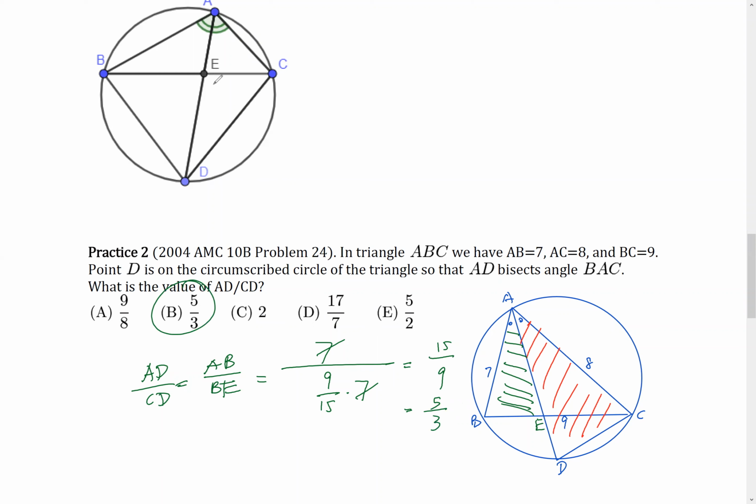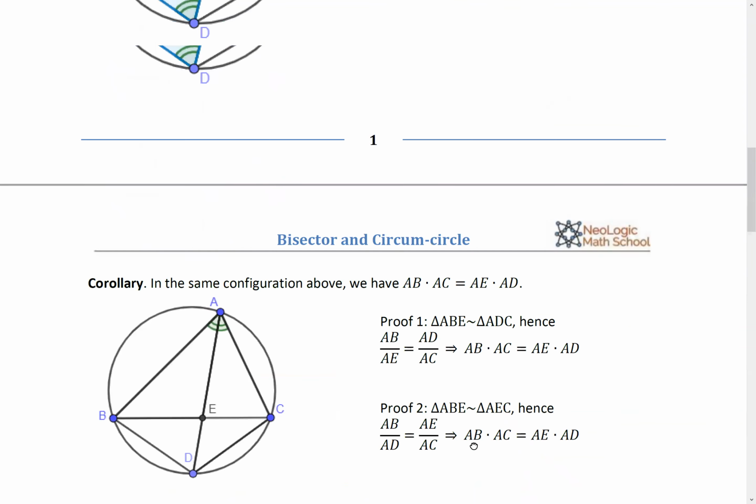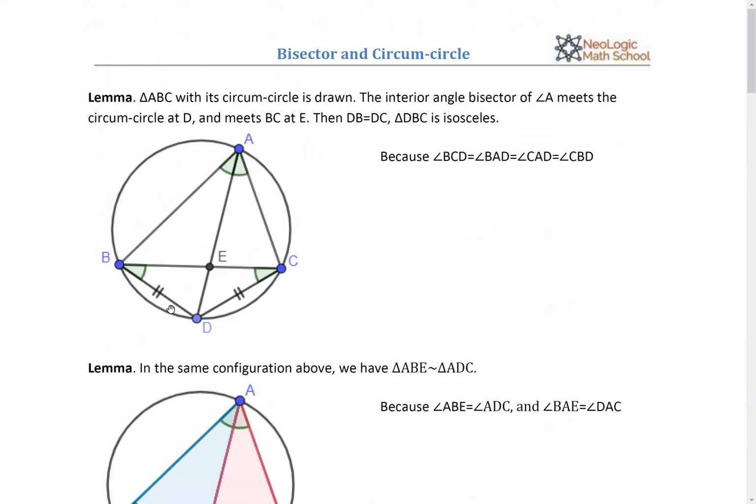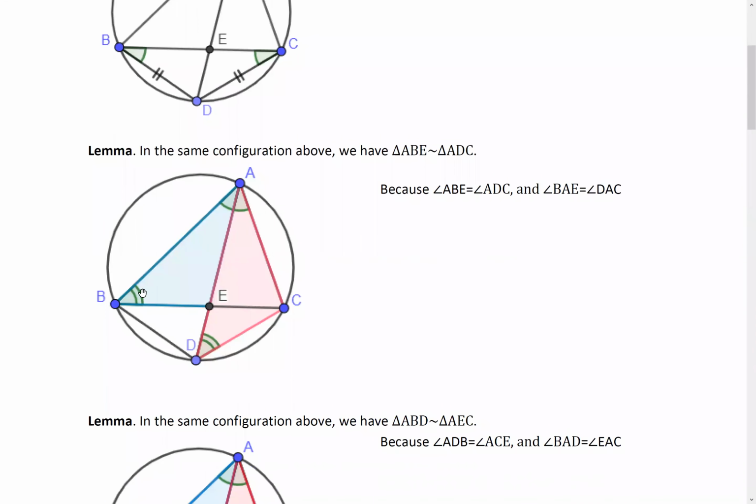So let's take a quick review of what we have learned today. First, you have the circle, a triangle inscribed in there, and you draw the angle bisector. You have an isosceles triangle right here. Okay, isosceles triangle. And then you get 2 pairs of similar triangles, right? ABE is similar to ADC.